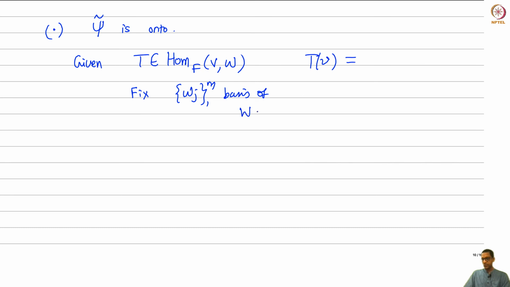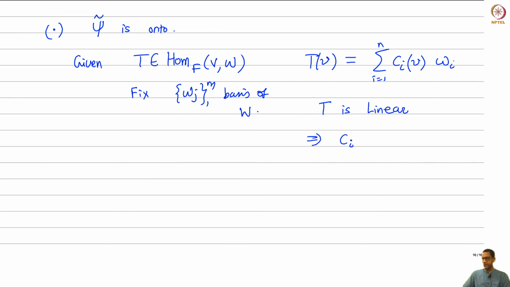So then, since Tv is a vector in W, I can write it as some unique linear combination, in fact, summation ci wi. Okay, but of course these ci's, these scalars, depend on v. So I'll indicate it like this: the scalars occurring there are ci of v, observe.